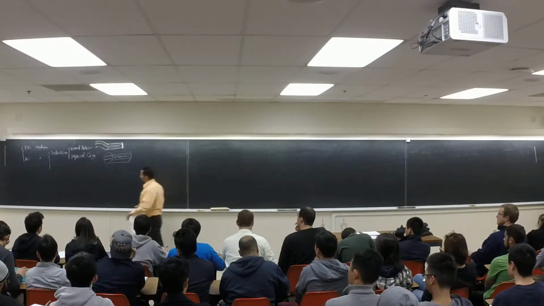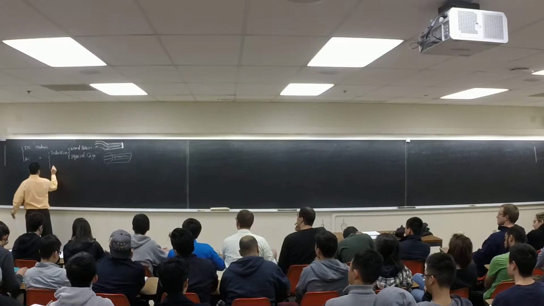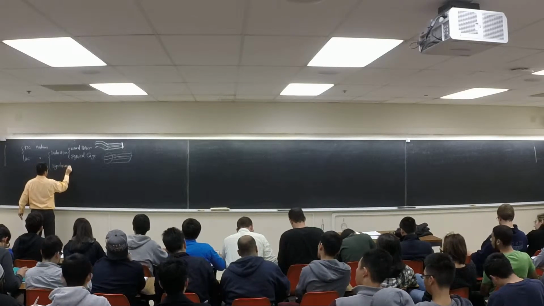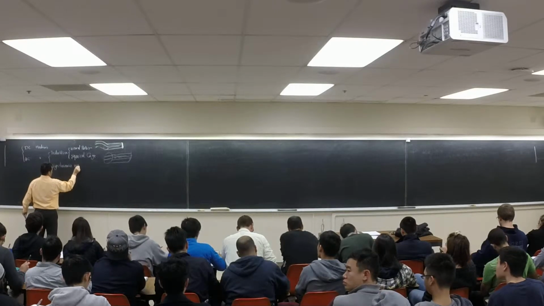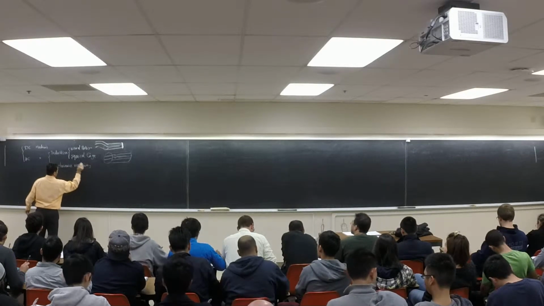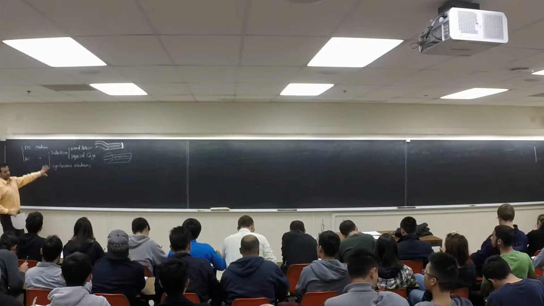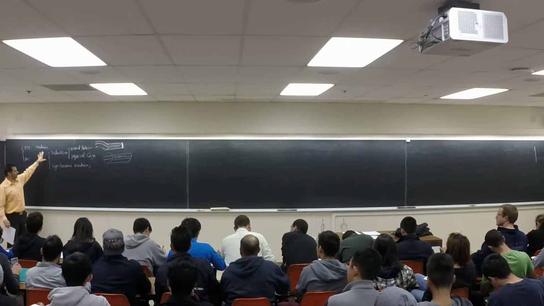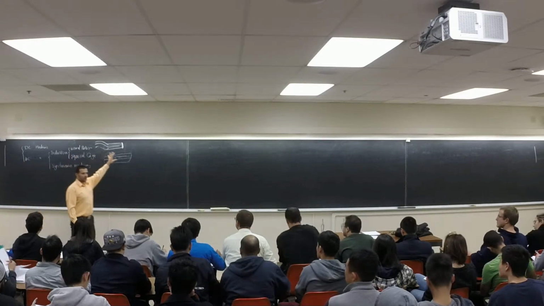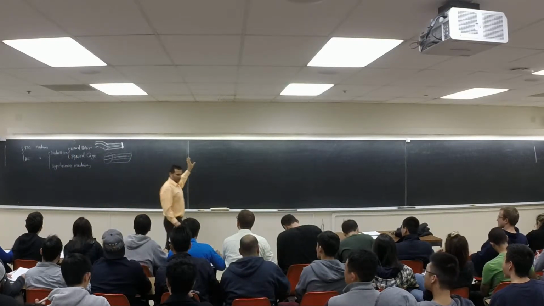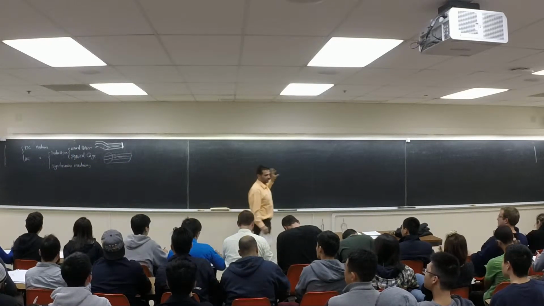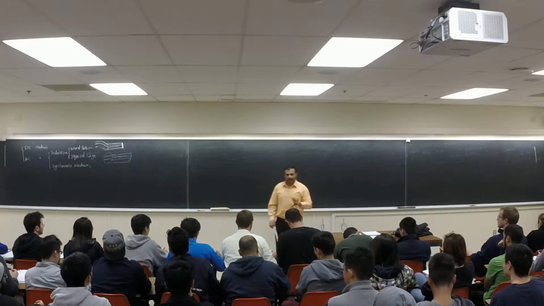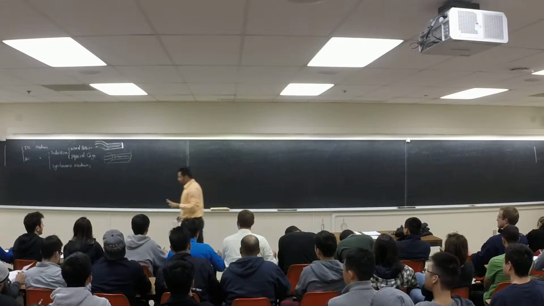And the third one is a synchronous machine. We'll talk about this one also, mostly about the synchronous generator. Here we talk about the induction motors because induction machines are used mostly as motors. Synchronous machines are mostly used as generators.